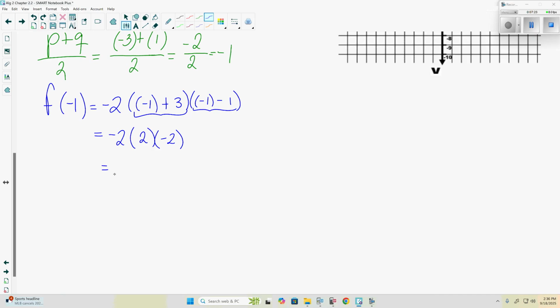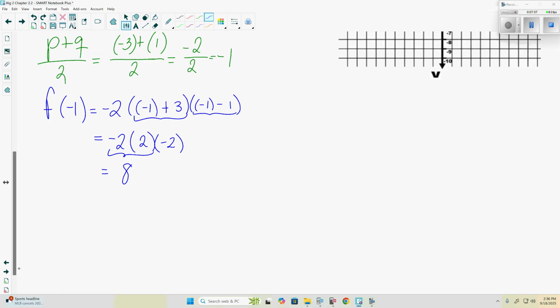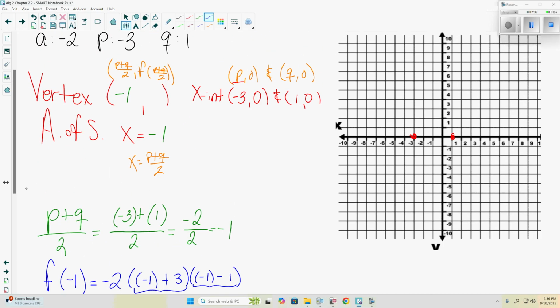So really we're looking at 2 times 2 times 2, which is 8. It's positive because 2 times negative 2 is negative 4, and negative 4 times negative 2 is positive 8. So the y value of the vertex is 8.